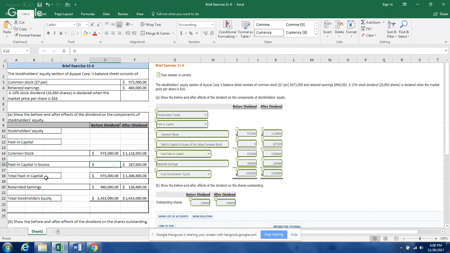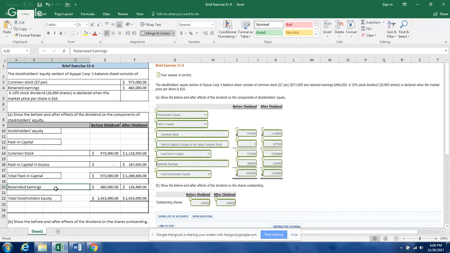And then the total paid-in capital, you add the common stock and the paid-in capital. But right now we're just adding the common stock.